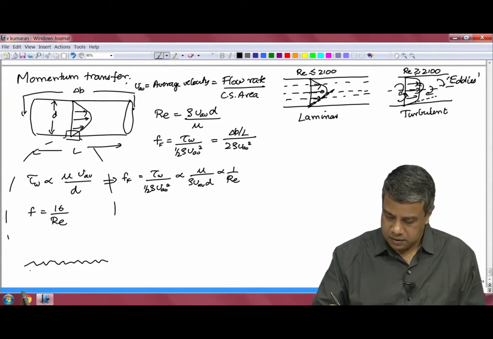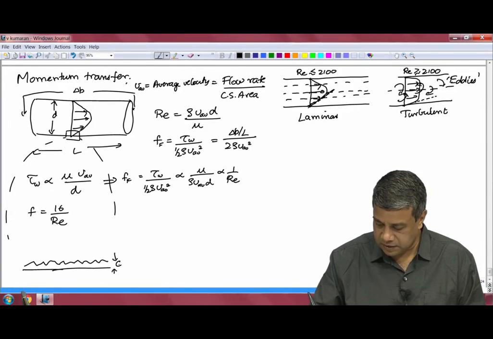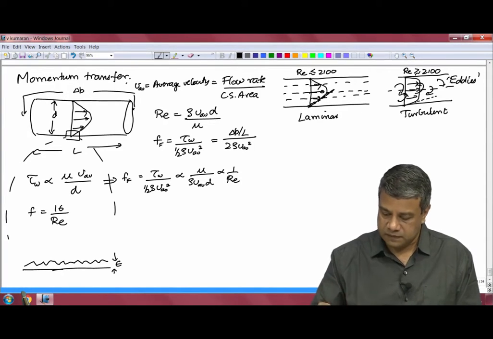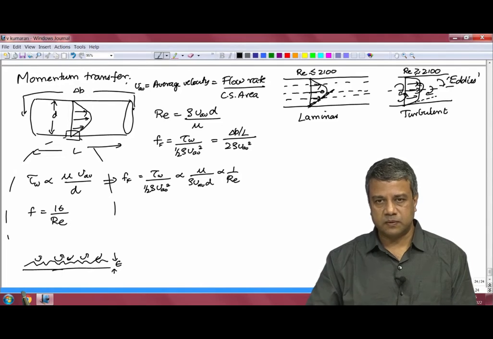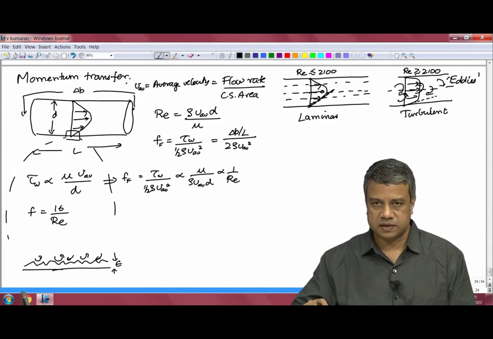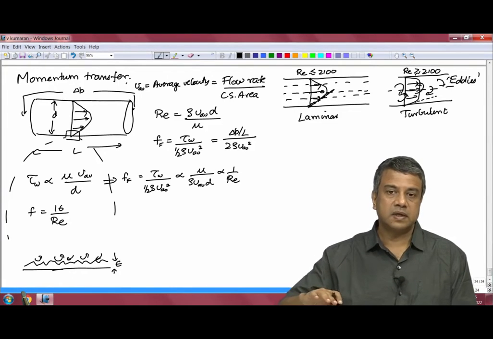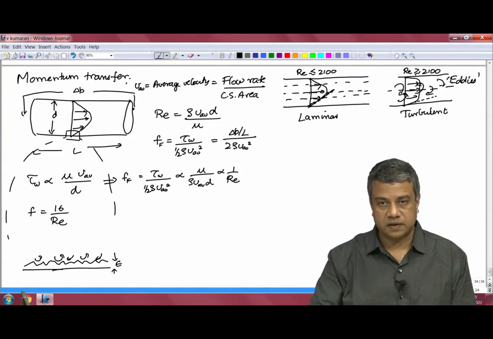And this roughness has some length scale, I will call that epsilon. When the flow becomes turbulent, the roughness basically determines the extent of the velocity fluctuations close to the wall of the pipe. If the wall of the pipe was smooth, then the velocity at the wall has to be 0 on a flat surface. Whereas if there are roughness elements, these could redirect the fluid at the wall of the pipe in different directions depending upon the scale of the roughness.